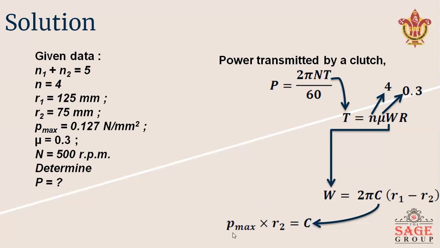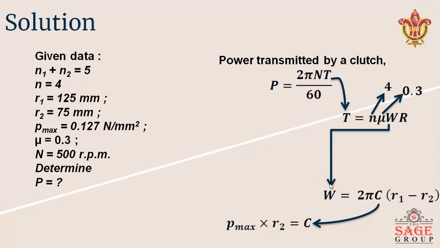So we get the value of C from here, because the maximum pressure is already given in the question, 0.127, and R2 is equal to 75 mm. So now we have to substitute the value of C in this equation, by which we can calculate the value of W.